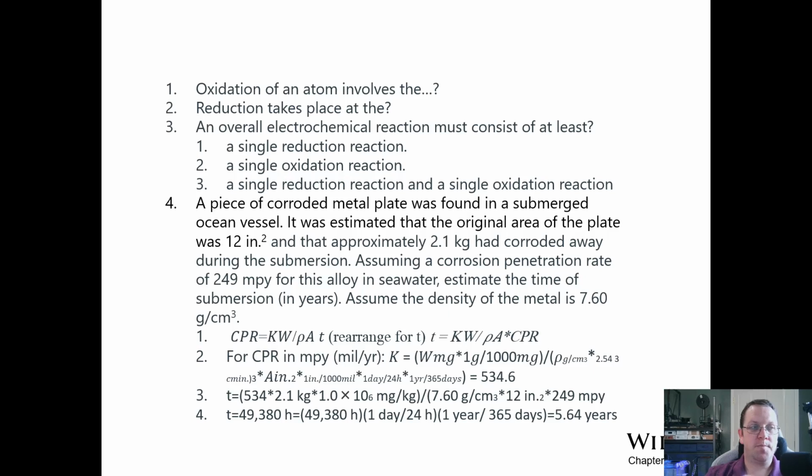And for the CPR in terms of mils per year, you can calculate what K is if you rearrange things. So that weight, divided by that weight converted up to grams from milligrams, divided by your grams per cubic centimeter, and then number of cubic centimeters per cubic inch.